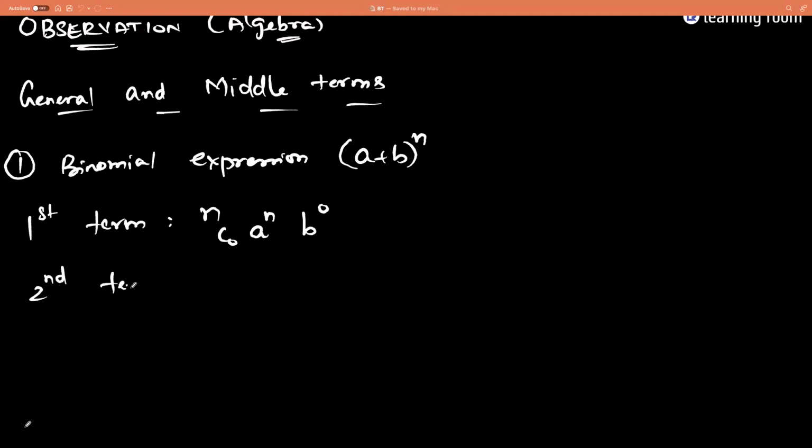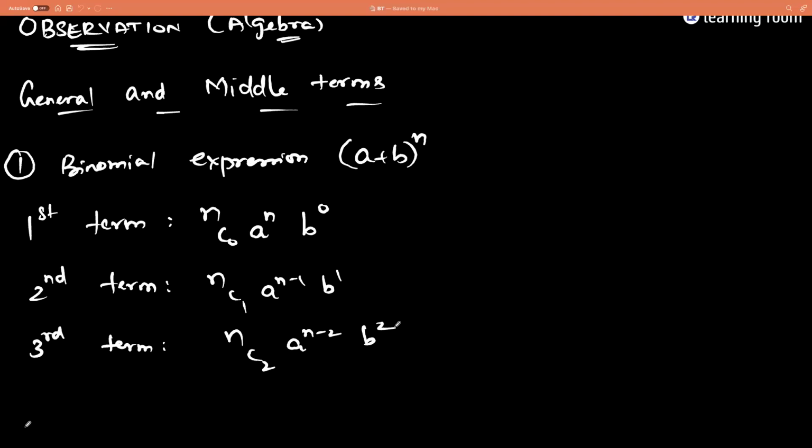Am I right? What about the second term? It is nC1 a power n minus 1, b power 1. What about the third term? It is nC2 a power n minus 2, b power 2.